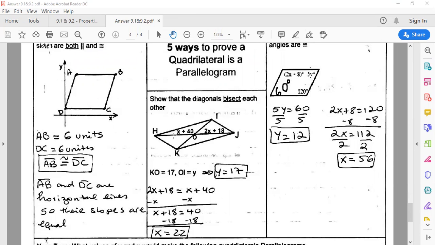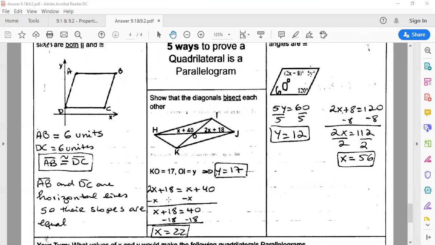So I said x plus 40 equals 2x plus 18. Right here, I have 2x plus 18 equals x plus 40. When I solve this, I get x equals 22. Now, I'm also given that KO is 17. So if KO is 17, that means that OI also has to be 17.